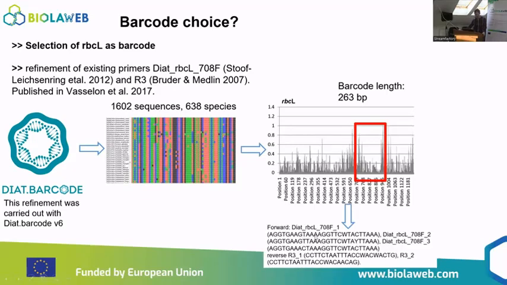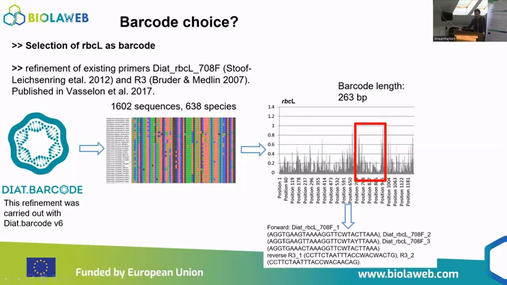You can see here the forward primers, there are 3, and 2 reverse primers. And maybe you don't see in the back, but they have degenerated nucleotides like this W here. So it means that we still have in this primer region some variability in the alignment.